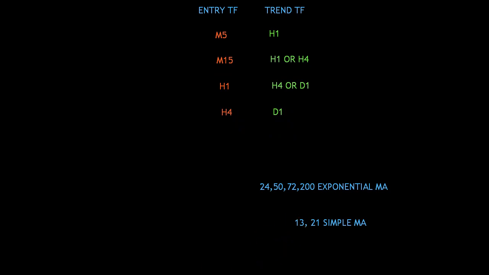Now we have a lot of different types of moving averages, and we're only going to talk here about the exponential 200 moving average, right over here. And I use a lot the simple moving average, the 13 and the 21, but on your own you can research more on the other ones that I have posted in here, and there are many more.